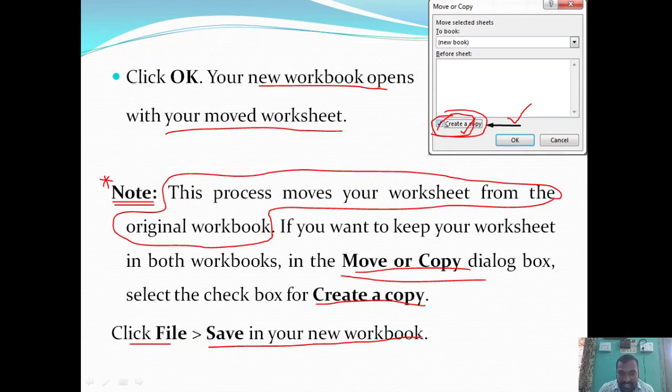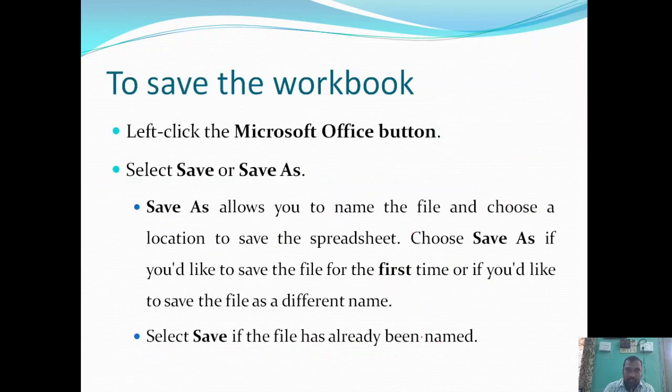Whatever worksheet we are saving as a new workbook, after that click on the Office button or File option, then choose the Save command to save your new workbook. Now to save the workbook, left click on the Microsoft Office button, select Save or Save As. So we have two options, Save and Save As.